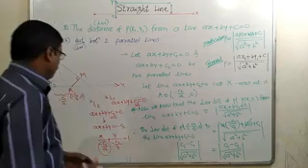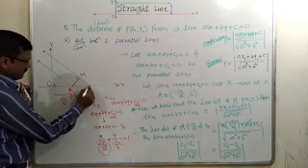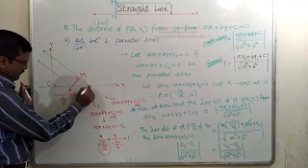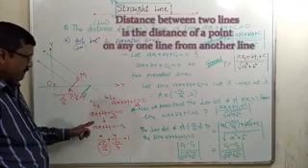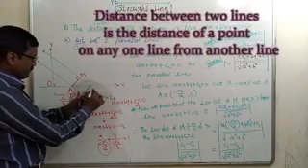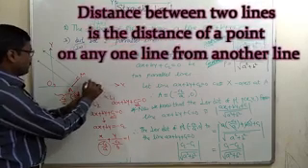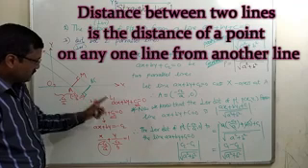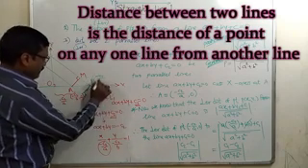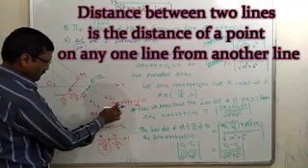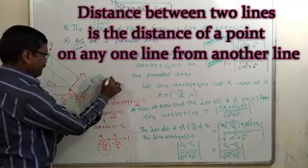The same can be obtained if we find this point on the x-axis and find the perpendicular distance of this point from the second line. At that time the coordinates of this point, let us suppose B, the x coordinate will be minus c1 upon a, not b, comma 0.